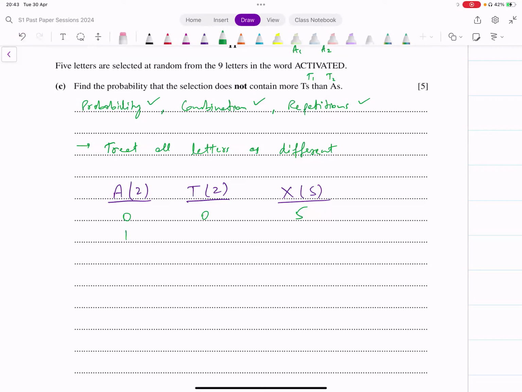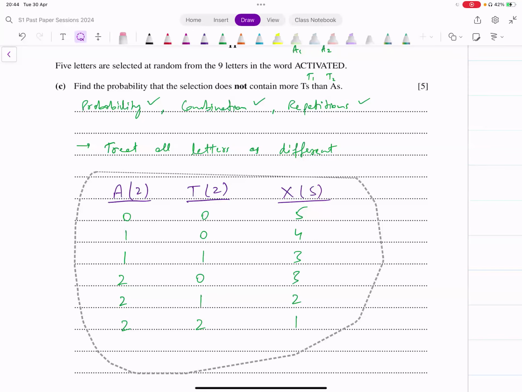Then with 1 A, you could have 0 T. That leaves us with 4 other letters. With 1 A, you could also have 1 T. That leaves us with 3 other letters. With 2 A's, you could have 0 T's, 3 other letters. With 2 A's, you could have 1 T and 2 other letters. With 2 A's, you could have 2 T's and 1 other letter. These are the possible cases that you get.